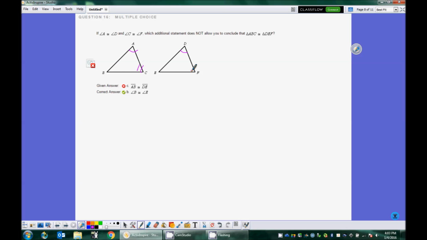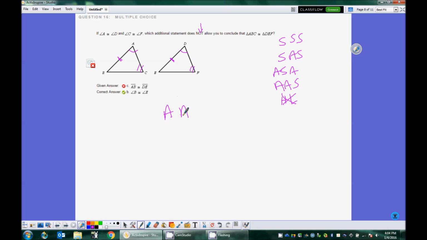For the next one, we've got angle A congruent to angle D, angle B congruent to angle E, angle C congruent to angle F, and it says which does not allow us to conclude these 2 triangles are congruent. Ready? So when I look at my options, I didn't think about it, so I don't have to worry about that one. That would not conclude. So if I were to have A, B, and D congruent, let's see. Oh, never mind.